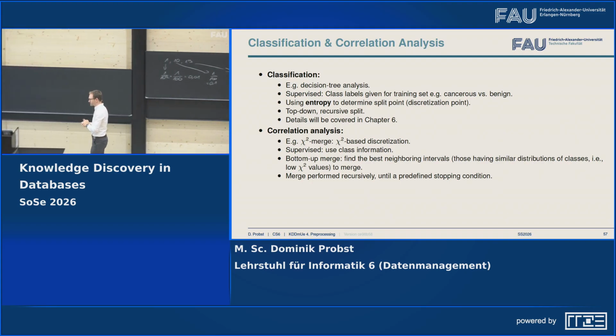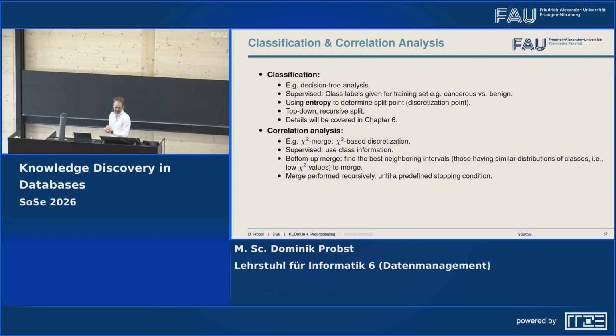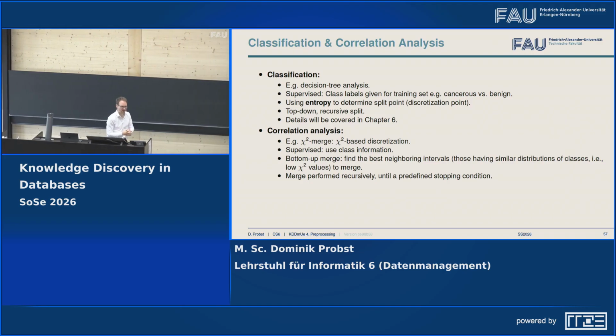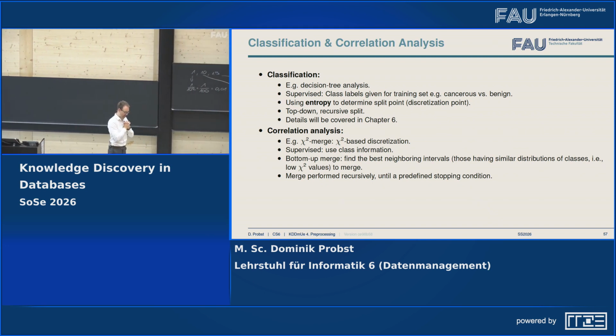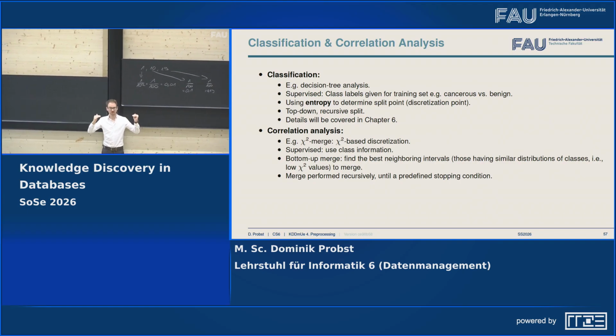We will talk about decision tree analysis in the chapter on classification, and I think it gets pretty obvious then. We will cover the details in chapter 6, but you can, of course, use this to discretize entities as well, because if you have a certain specific vehicle and you put it into a class and then use the class as the representation of that entity, then it's pretty easy, because you might have 100 different attributes describing the original entity, and now you end up at: it's a car.